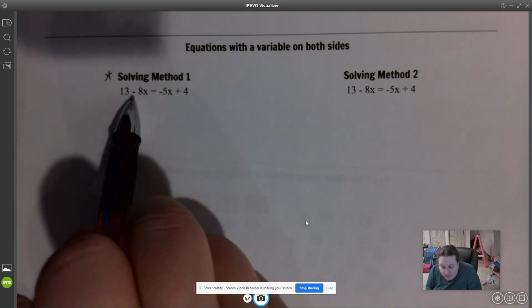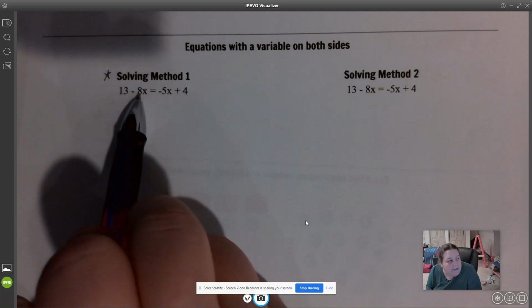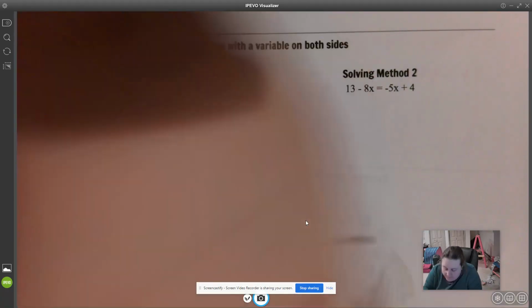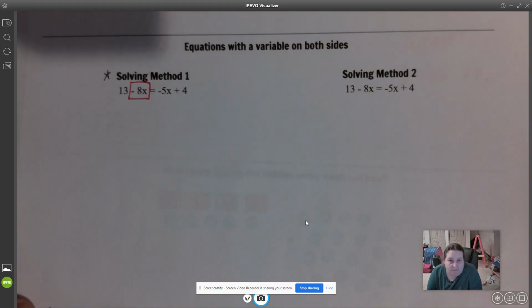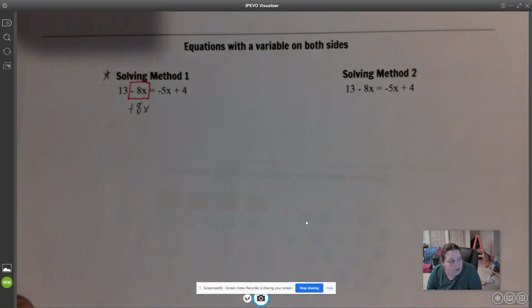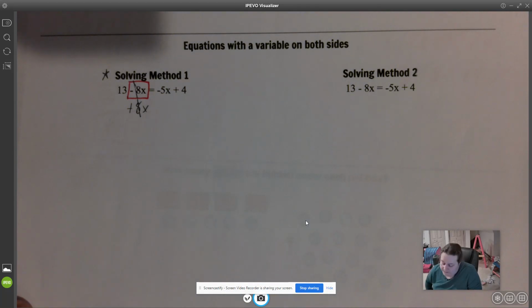Now, in this case, because we're talking negatives, we always take the sign in front of the terms. The negative 8x is the smaller one. So I'm going to go ahead and box that because that's the one I'm going to get rid of and deal with first. Okay. To do that, I use my inverse operation. So I'm going to add 8x here. Okay. That means they go away.